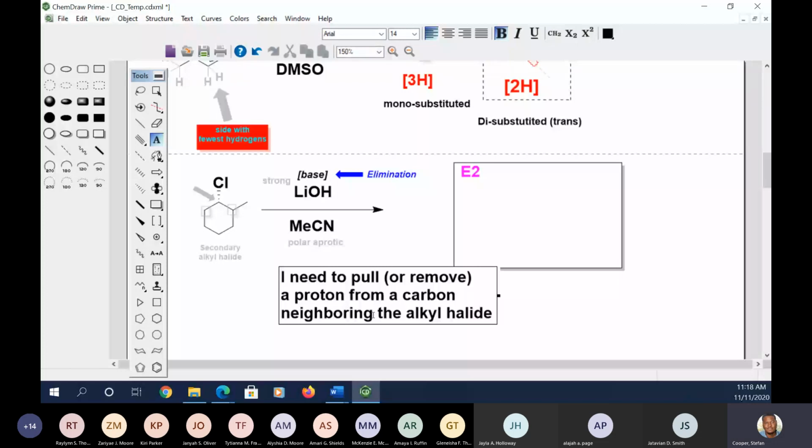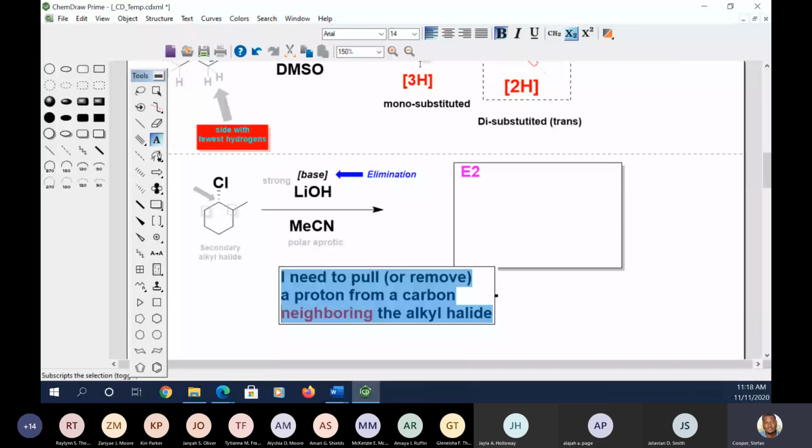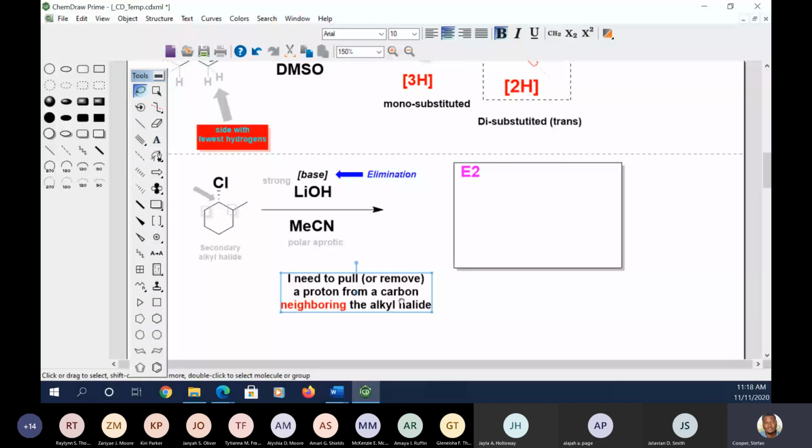I'm hoping everybody is with me so far. This is what you need to mentally always think about when you are doing eliminations. Eliminations have to remove a proton to get to my product.